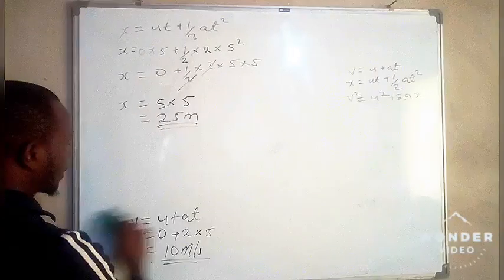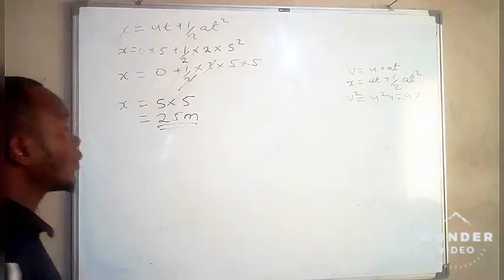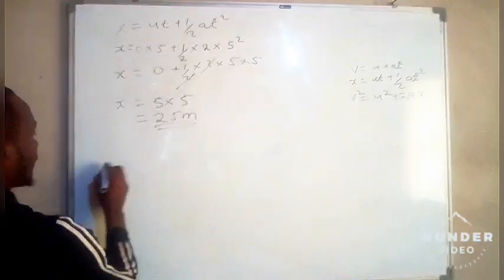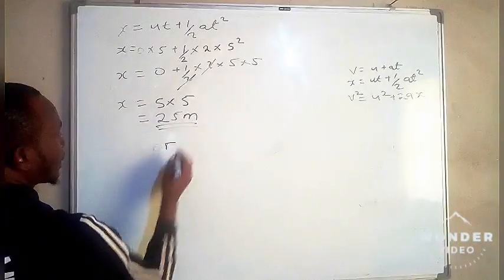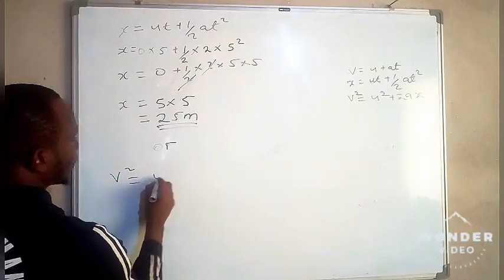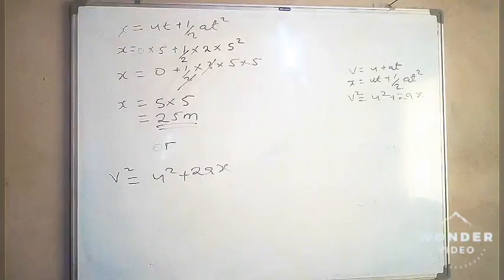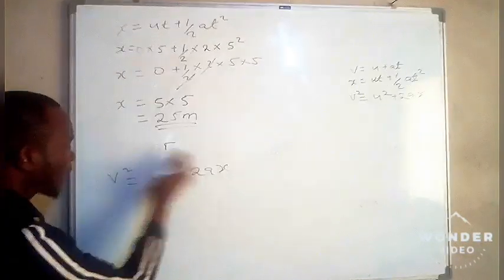And let us look at method number 2, using the third equation. So v squared is equal to u squared plus 2ax. From here, let's plug in the values.